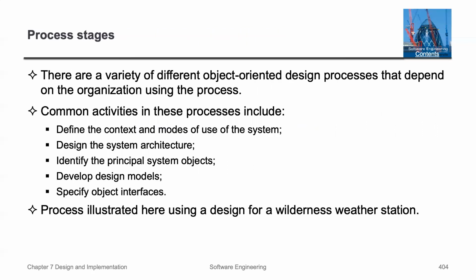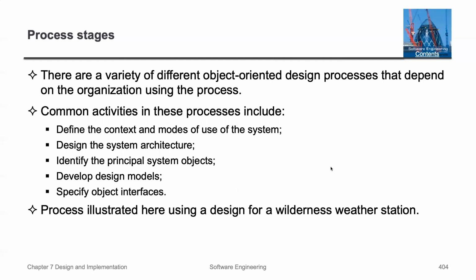So what are the stages of the process? There are a variety of different object-oriented design processes that depend on the organization using the process. Commonly, the activities include defining the context and modes of using the system, designing the system architecture, identifying the principal system objects, developing design models, and finally specifying object interfaces.